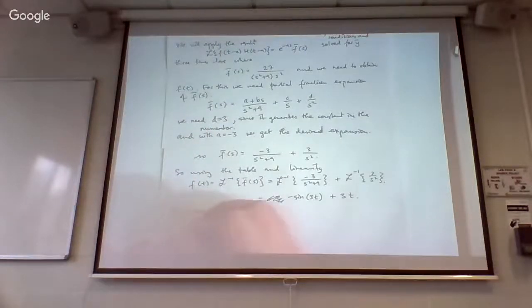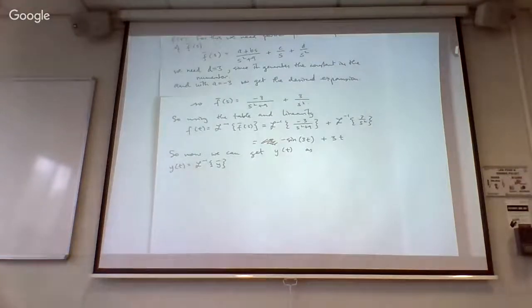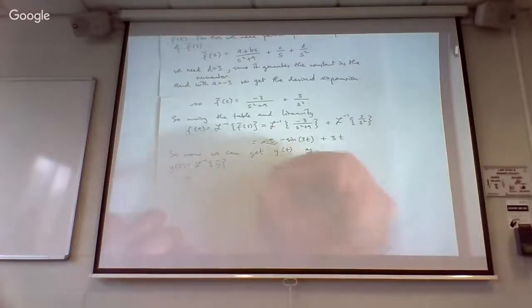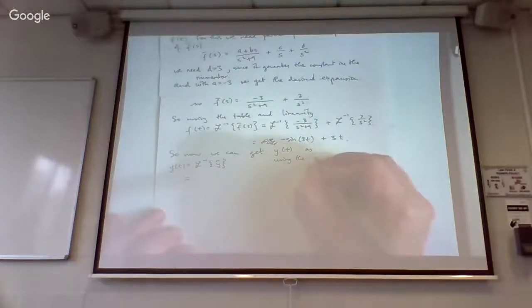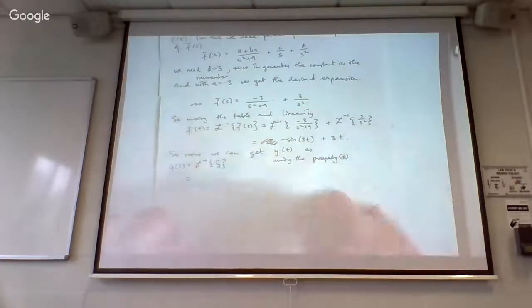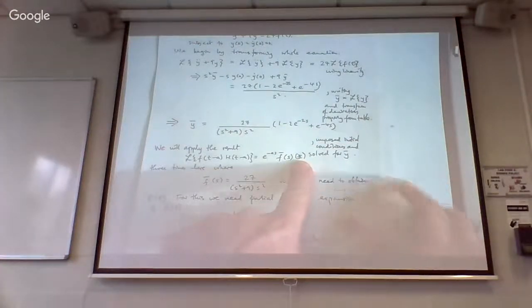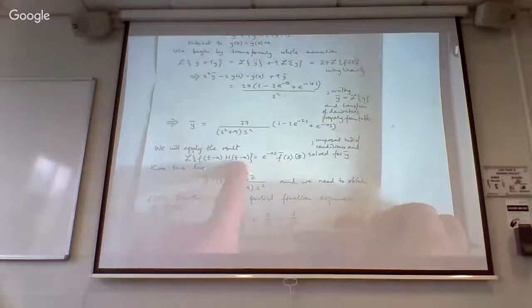So now we can get y of t as the inverse transform of y bar, using the property star. So I'll just go back and label this property here with an asterisk. This one, the one involving the Heaviside and the exponential.